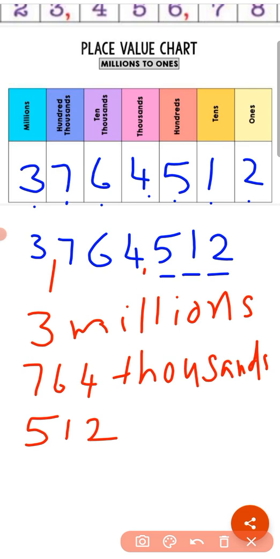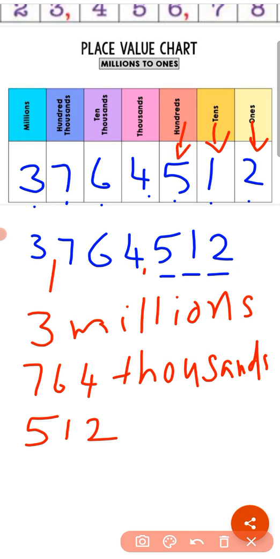Using a place value chart, we can show the different place value. Okay, different place value. Here we can say the place value of 2, that is 2 into 1, 2. Then tens, that is 1, 1 into 10, 10. Here 5 into 100, 500.